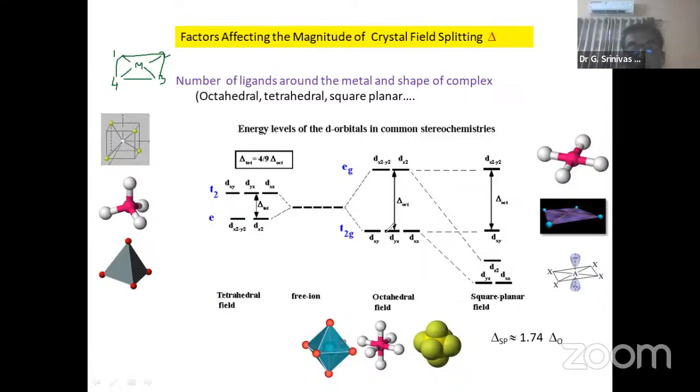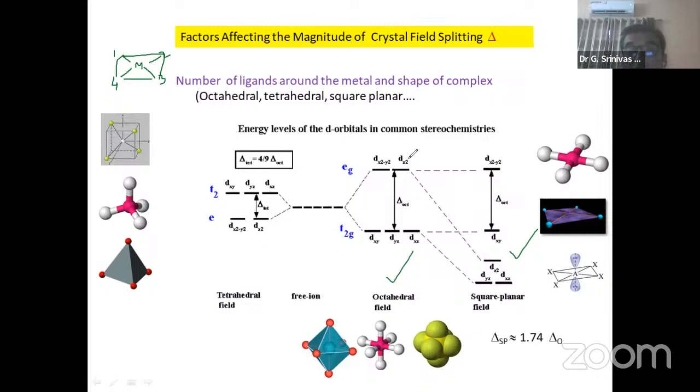That's why the orbitals with lobes on the z-axis, that is dz square, dxz and dyz, will experience lesser repulsion from the ligands because there are no ligands on the z-axis.